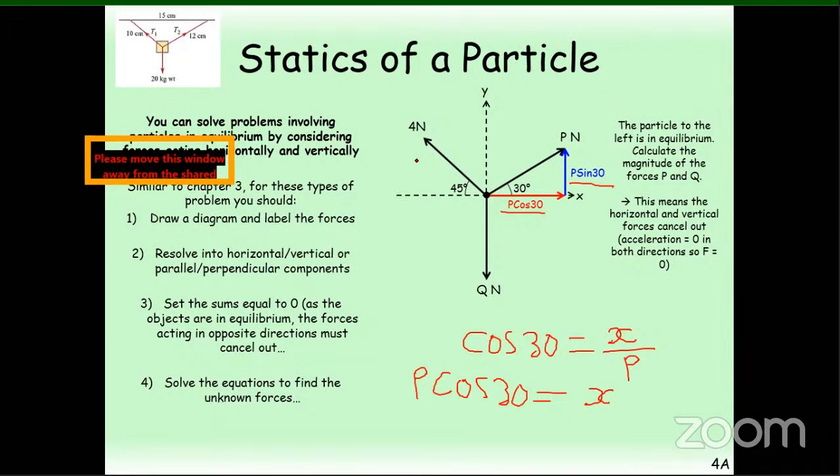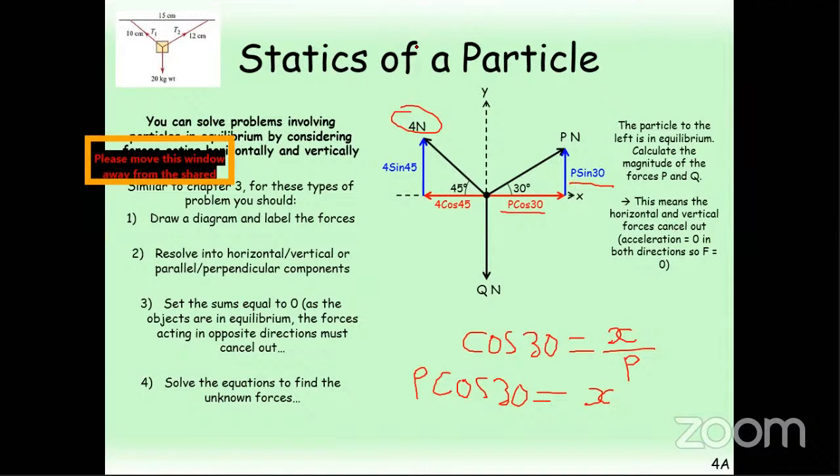Then we come to the 4 Newton force. It will also have a horizontal component and a vertical component. When we do the same process, the horizontal component will give us 4 cos of 45, and the vertical will give us 4 sine of 45.